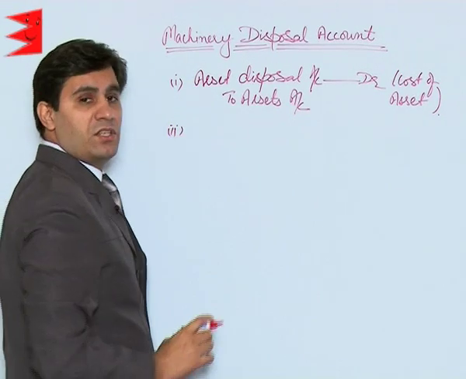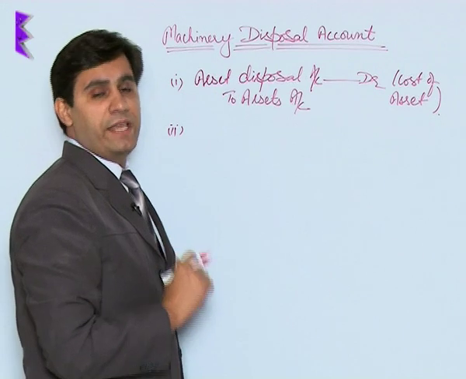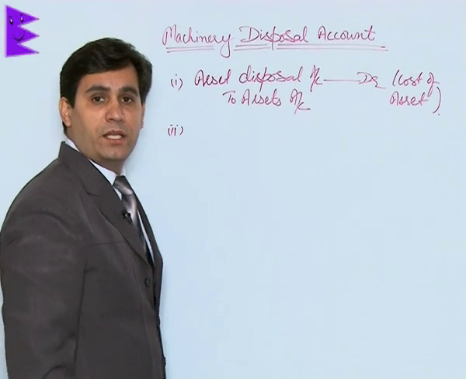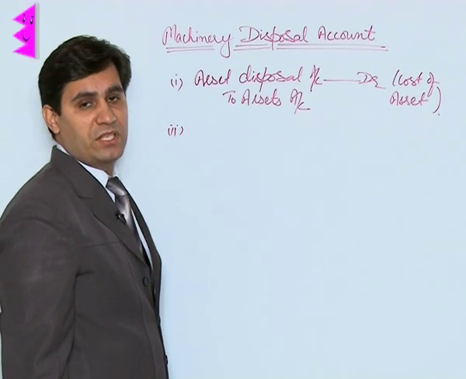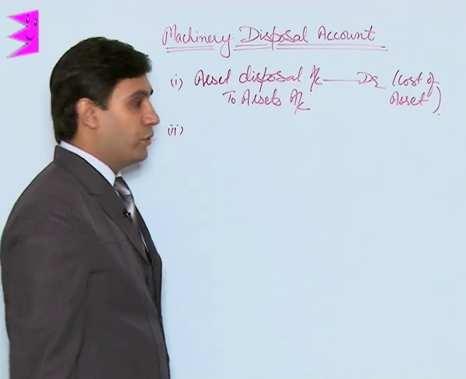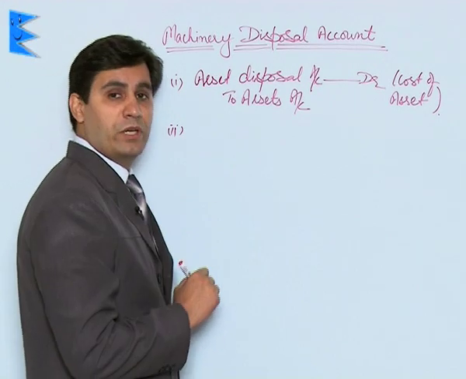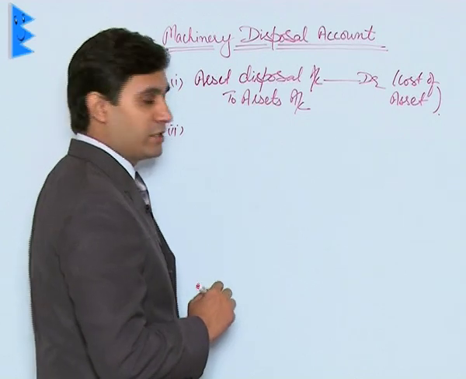Now, the depreciation charged till date on this particular asset is appearing in provision for depreciation account. So, it has to be transferred from provision for depreciation to asset disposal.